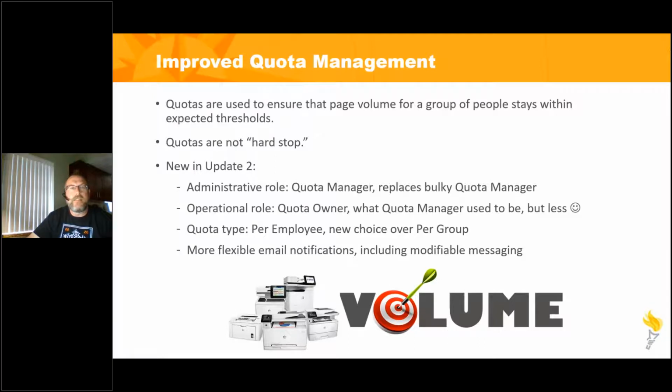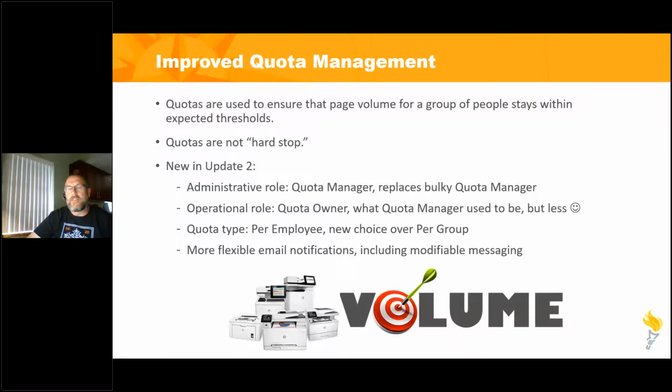Quota management. Again, quotas are used to ensure that page volumes for a group of people stay within the expected threshold. Why is this important? Well, in some parts of the world, including here in the US, when you buy a device, you don't just buy an all-you-can-eat kind of function.